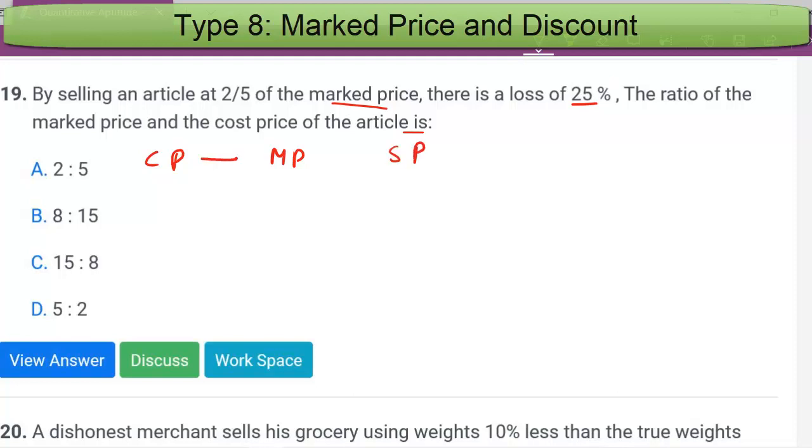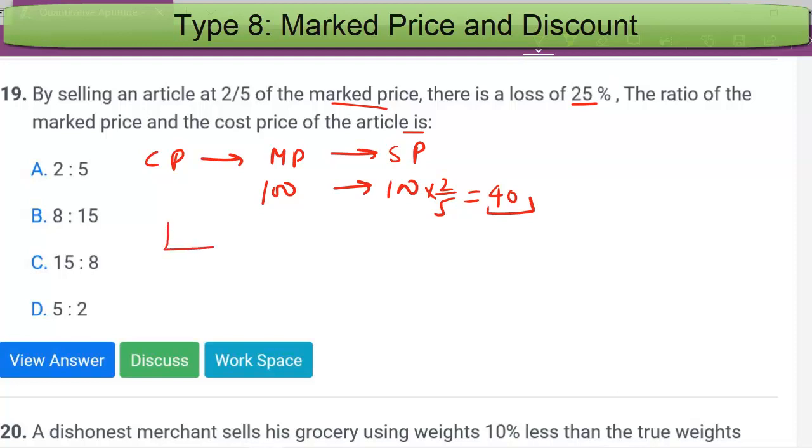Suppose I take MP as 100. Then 2 by 5 means the SP is 100 into 2 by 5, that means 40. So 40 is the selling price, and there is a loss of 25%.